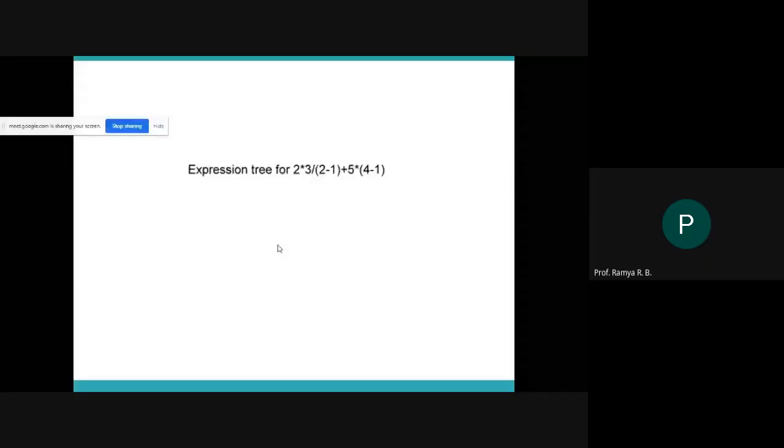So everybody take your notebook and pen and try whether you are able to draw the expression tree corresponding to this given expression. Screen is visible, right? Take your notebook and pen and try drawing the expression tree for this given expression.